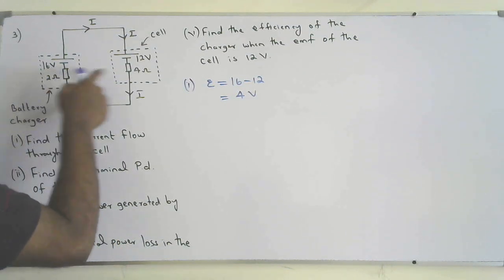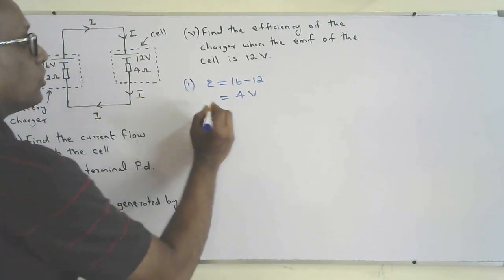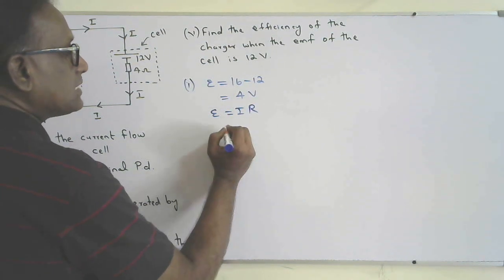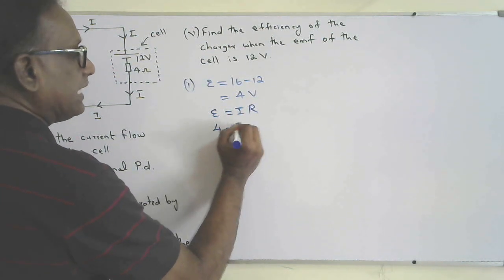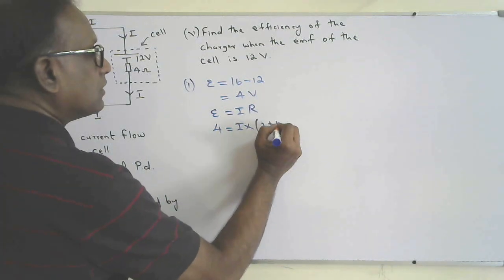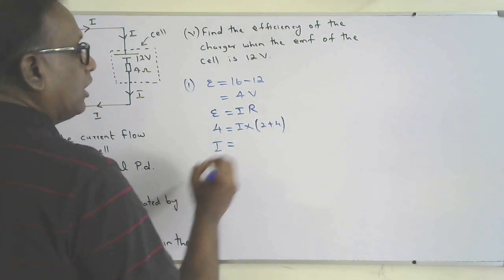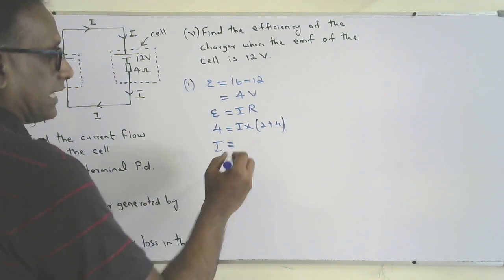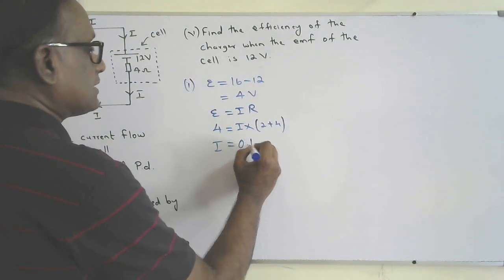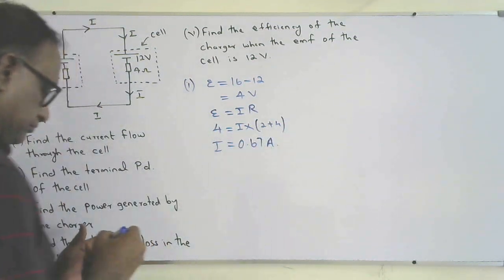Total resistance is 2 plus 4, 6. So EMF is equal to I times the total resistance. So 4 equals I times 6. So I will be 4 over 6, that is 2 over 3, 0.67 amperes.